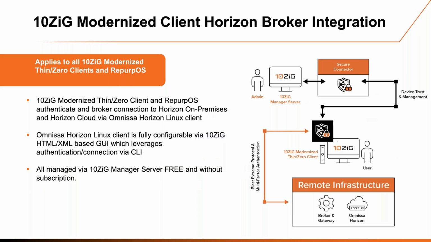Now, the difference is that the client is completely configurable using an HTML and XML-based GUI, and this is available both locally on the client as well as, more importantly, through the Tenzing Manager. So this is easily configurable to select between not just Blast Extreme, but also PC over IP. And why is PC over IP important here when we're talking about its end of life and moving to Blast Extreme?